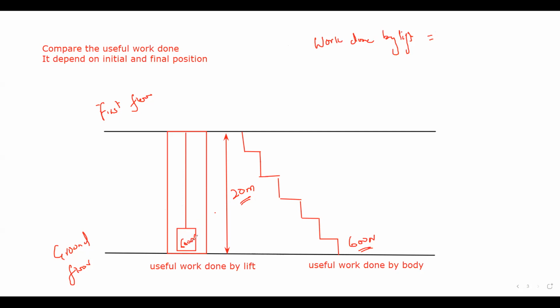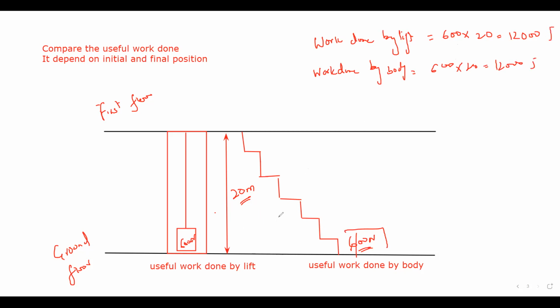So the weight of the person inside the lift is 600 and the distance moved is 20. So 600 multiplied by 20 is 12,000. And when we compare the work done by the human body, the weight of the person is 600 and he is also moving the same distance, so 600 multiplied by 20, so again it will be 12,000 joules.